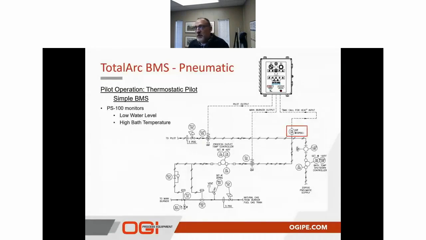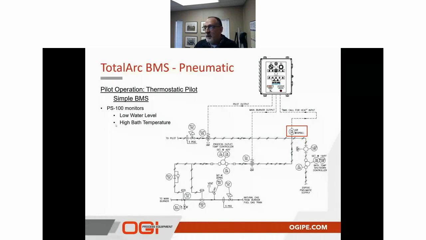So for a pneumatic configuration under a thermostatic pilot, in this case, we'll actually be using a single switch. So this out of the box, a standard BMS that's pneumatic will have a single pressure switch, and that's going to monitor the low water level and the high bath temperature pneumatic conditions.